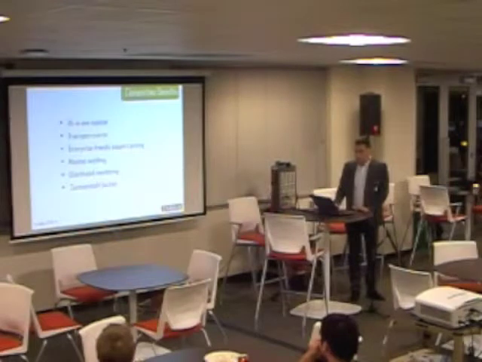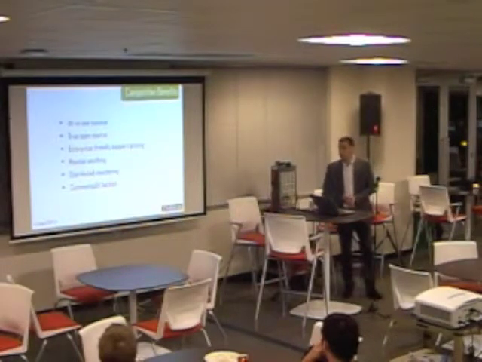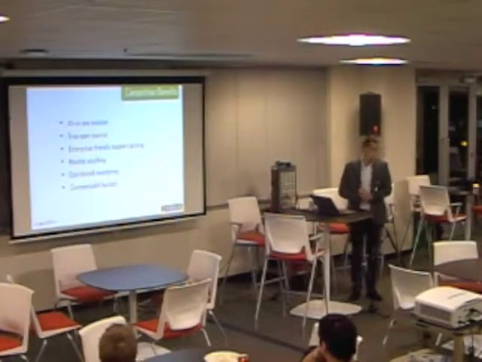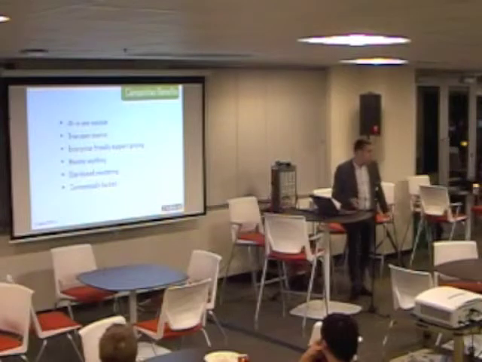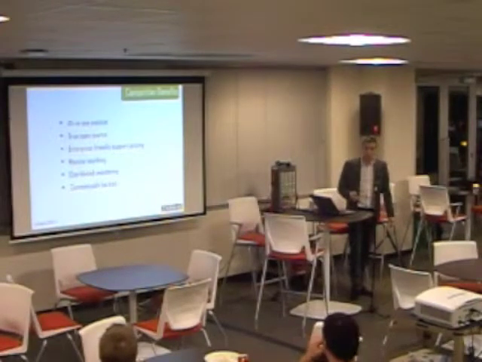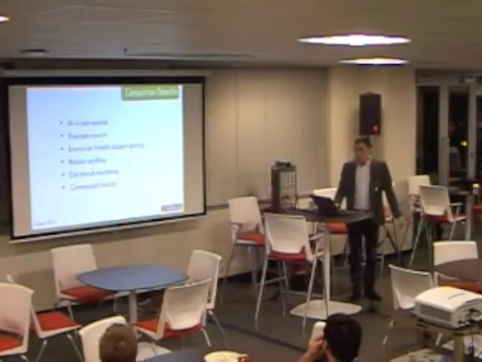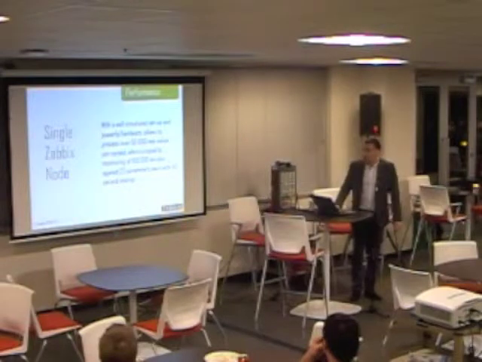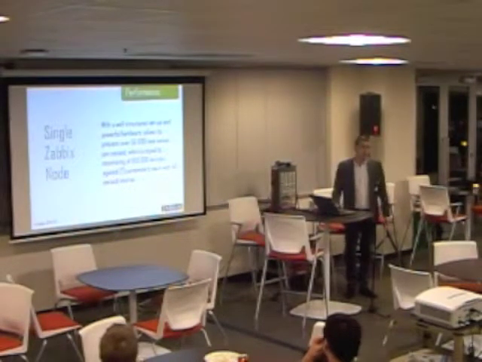And so, what do you get with that? Basically you get an all-in-one solution for your monitoring. You can monitor virtually anything in your environment. We'll also talk about that. What can be monitored? You can monitor devices virtually all over the world with one instance. Zabbix really is capable of monitoring large enterprise networks.